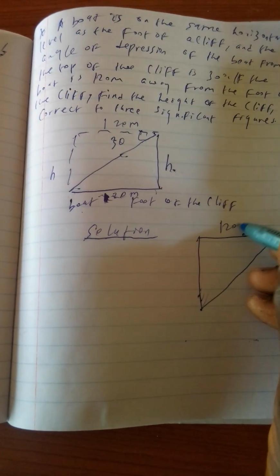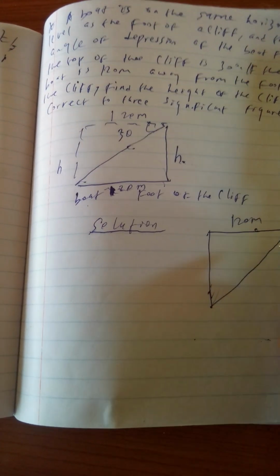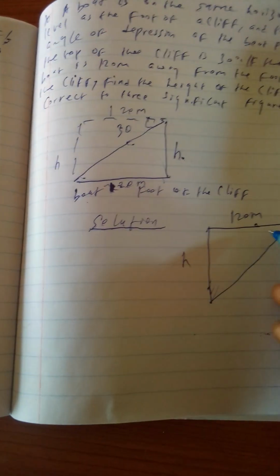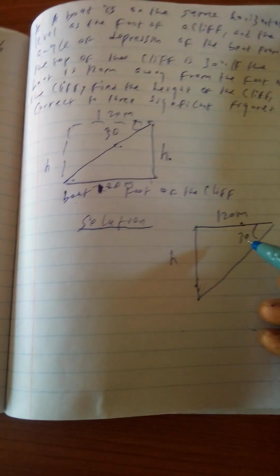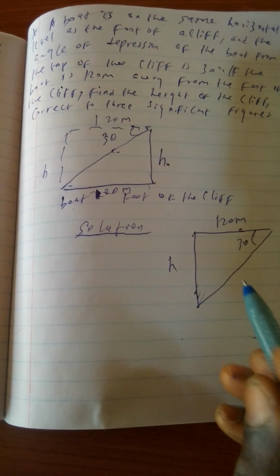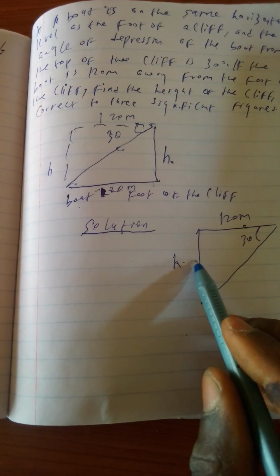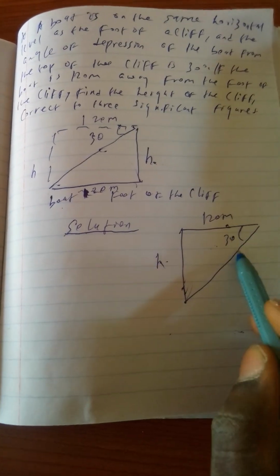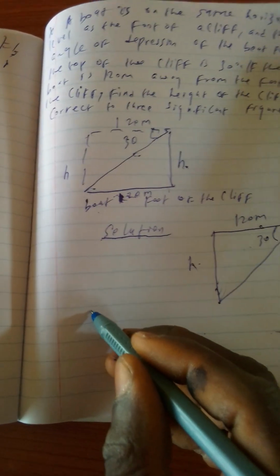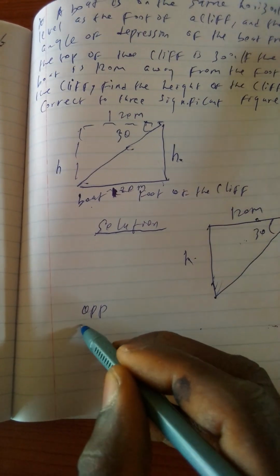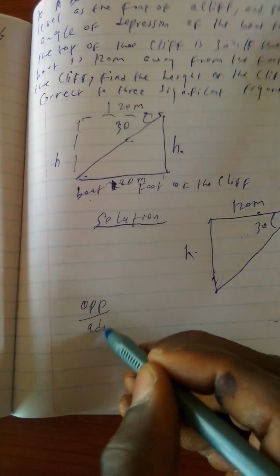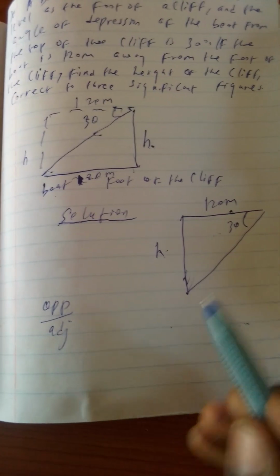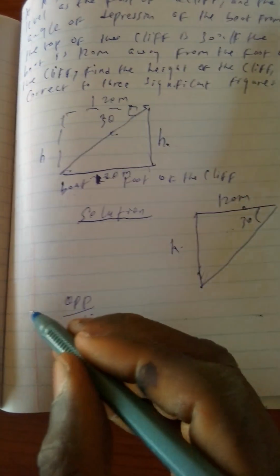So we have our height here, and we have our 30 degrees here. You're going to agree with me that h is the opposite of 30 degrees, and 120 meters is the adjacent of 30 degrees.